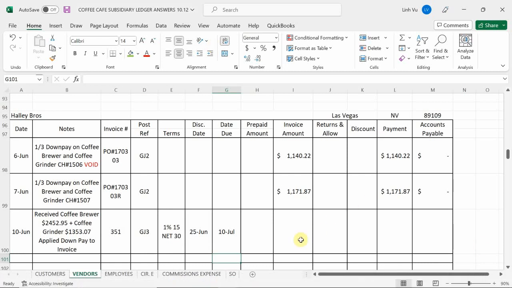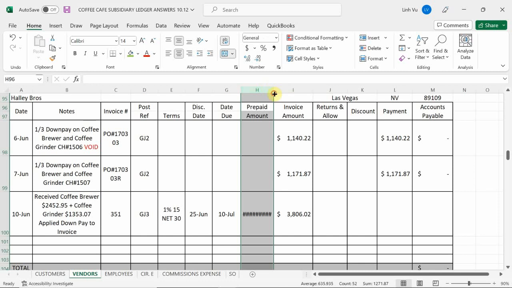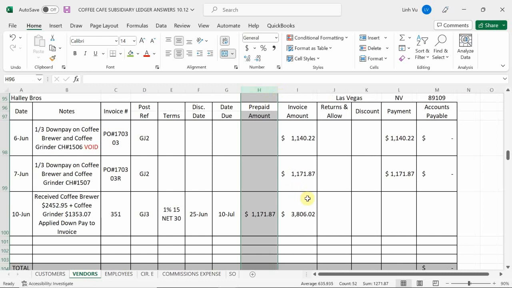Okay? And what was the original bill due for? $3,806.02. We're going to apply my down payment of $1,171.87. Okay?